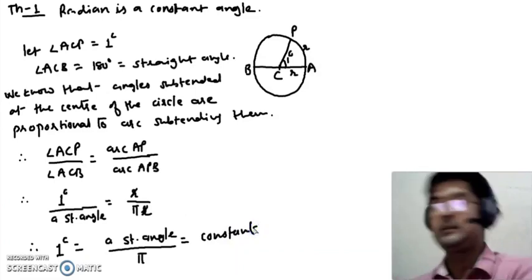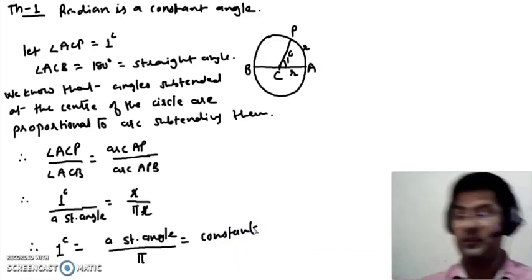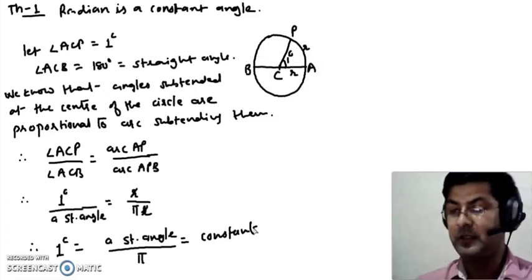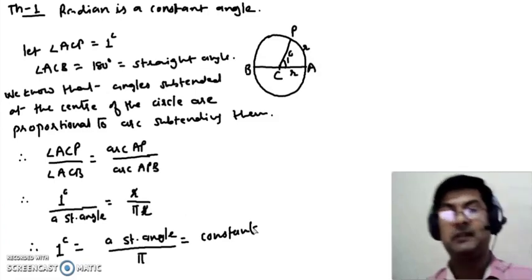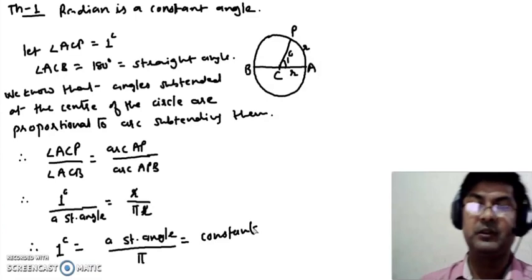Yes or no? Since straight angle and pi both are constant, the ratio will be a constant, and hence we have proved that radian is a constant angle.